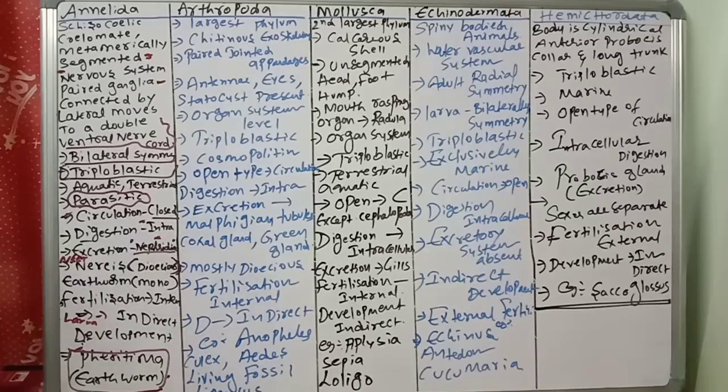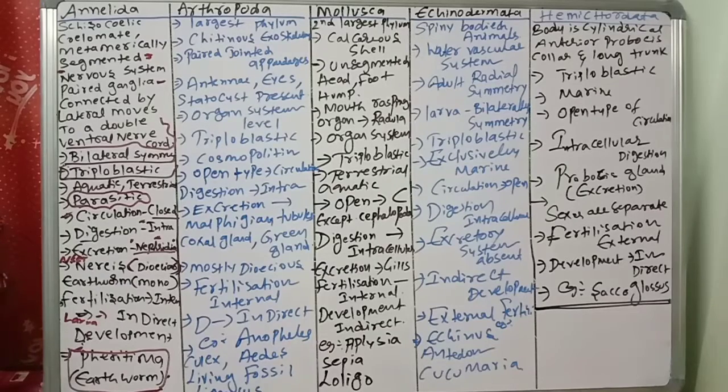Digestion is intracellular. Excretion through nephridia. Nereis is dioecious, earthworm monoecious. Fertilization is internal. Development is indirect because a larval form is present, and Pheretima, the earthworm, is the example. Okay, that is most important.